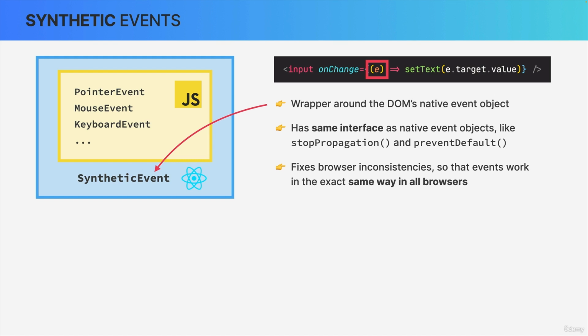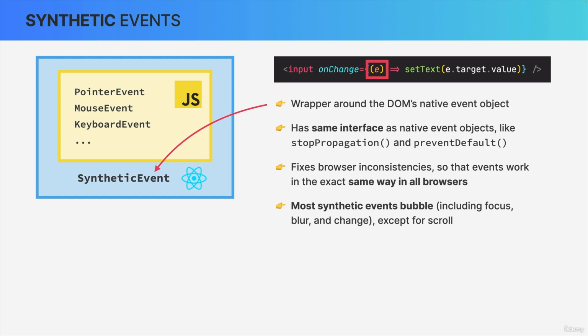The React team also decided that all of the most important synthetic events actually bubble, including the focus, blur, and change events, which usually do not bubble. The only exception here is the scroll event, which does also not bubble in React.